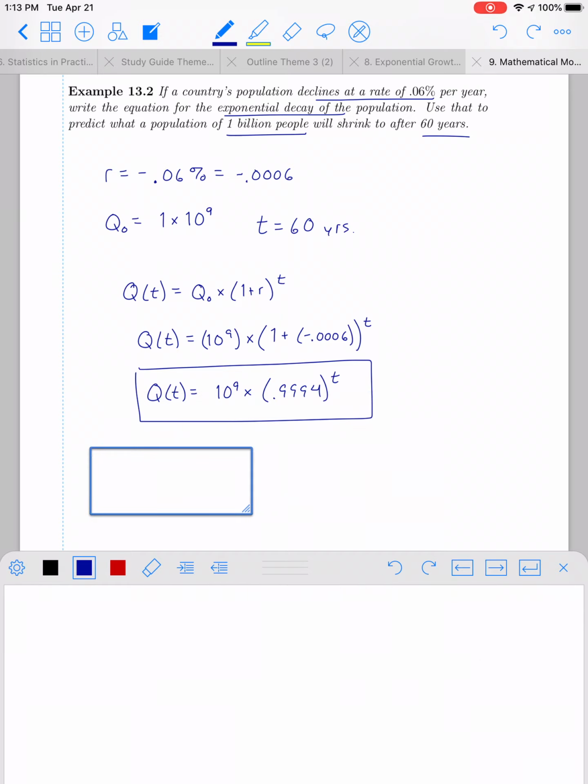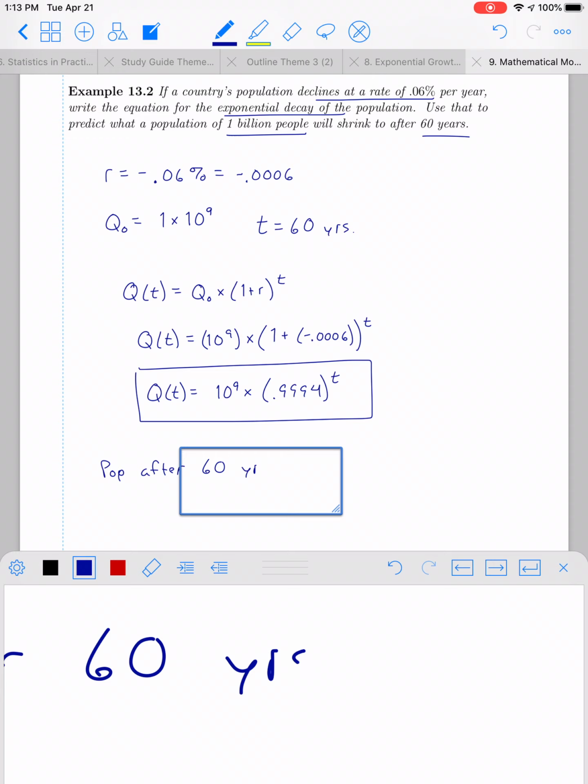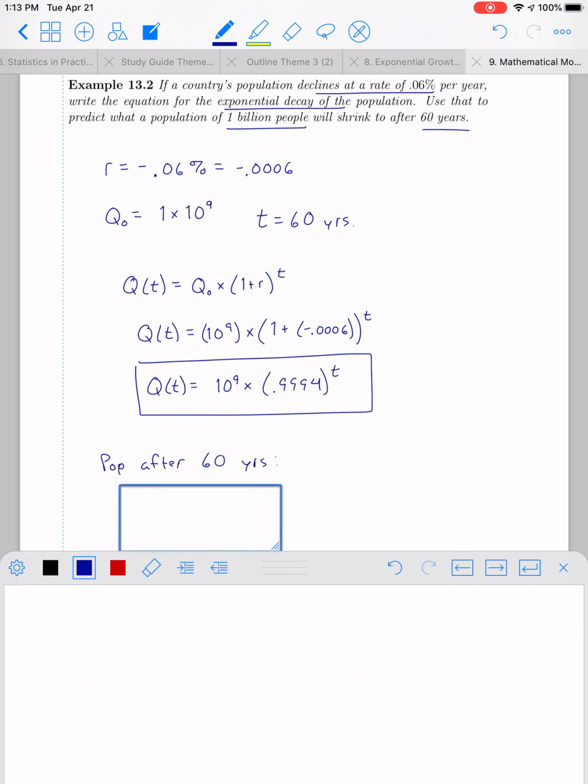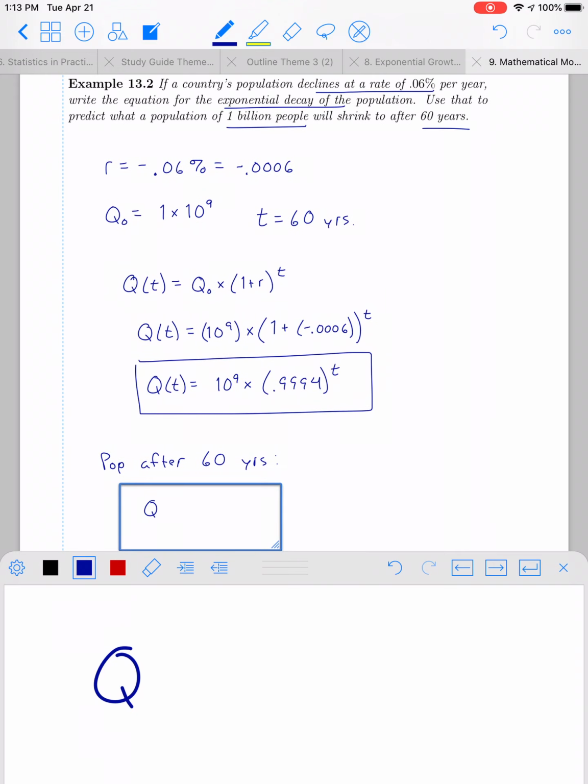So they ask us to approximate the population at 60 years. Population after 60 years. So this is just simply 60 years later. T is measured in years because it's 0.06% per year.